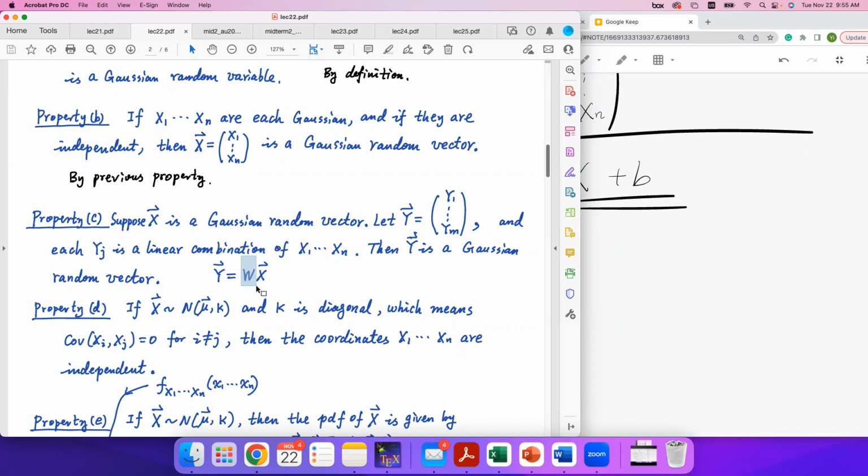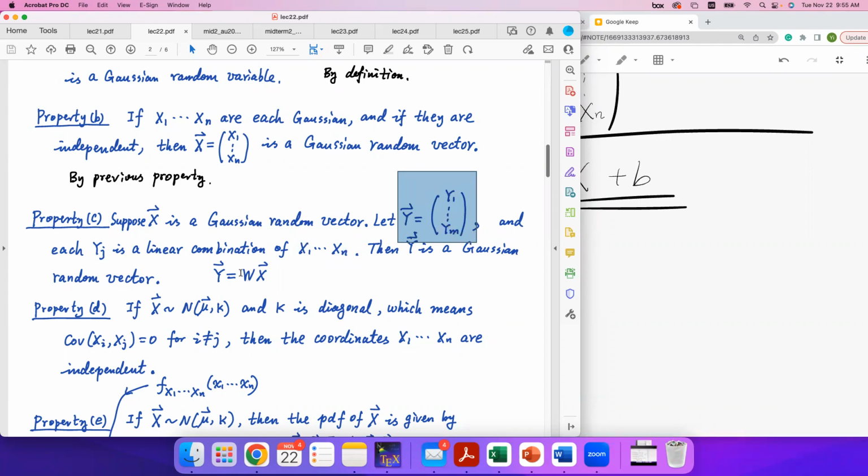And there is no restriction on this W. It can be any matrix as long as it is compatible with matrix multiplication. So W can be a non-square matrix. Because X may have dimension n, x1 to xn, but Y could have dimension m.